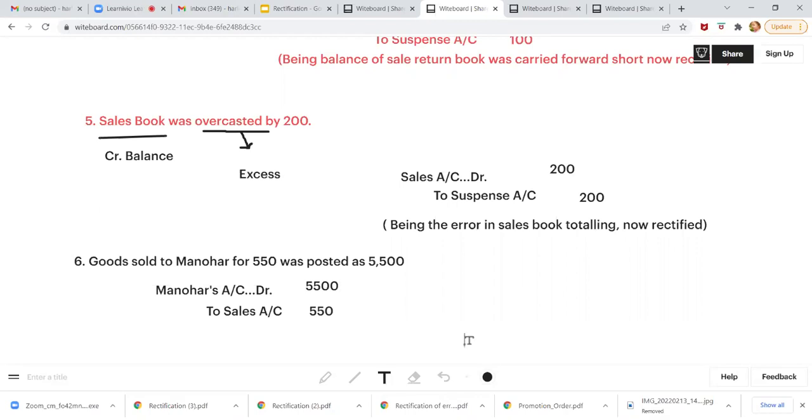As you can see, the amount was written as 5,500, but it has to be 550. So there is an error with the amount of 4,950.